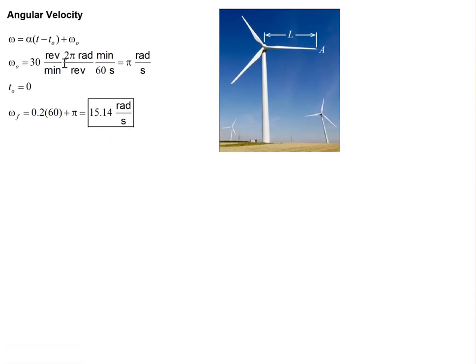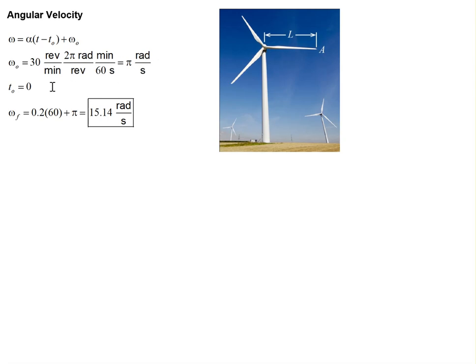All right. So the angular velocity is equal to the angular acceleration times change in time plus initial. When we use this equation, or any equation really, we can't use RPMs. We need to change it into radians per second. So that's what I did here.